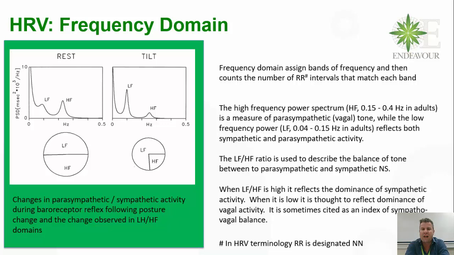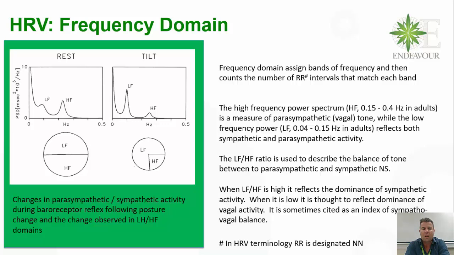It's important that we have a high heart rate variability in our time domain, and we also want to be looking at equalizing the two frequency domains. We don't want a situation where we've got a high low frequency domain versus a low high frequency domain, because that actually reflects a high sympathetic versus parasympathetic ratio.